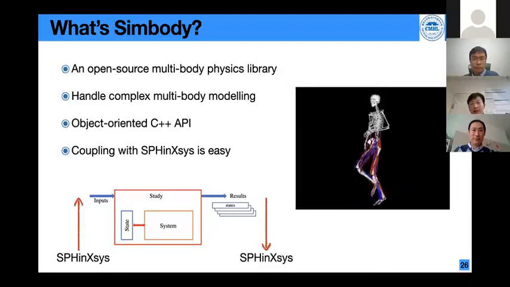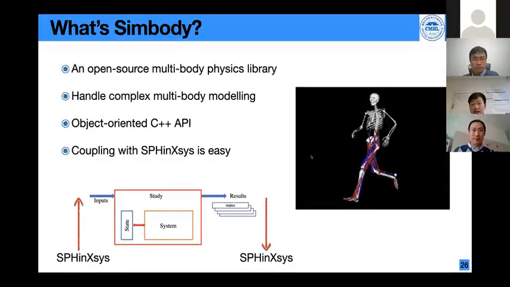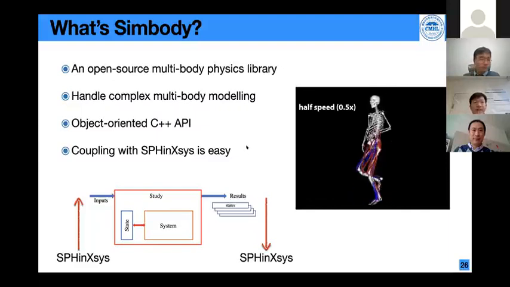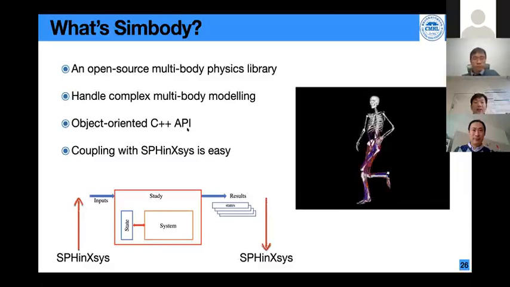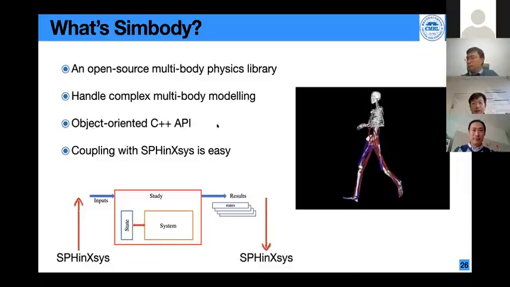As you can see here, it can deal with very complex multi-body dynamics. In this example, a lot of bodies are included, and they also contact and interact with each other. As SimBody provides a C++ API, it can be coupled with SPHinXsys straightforwardly.